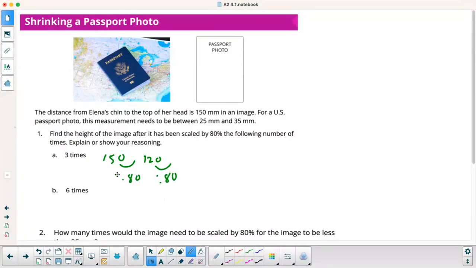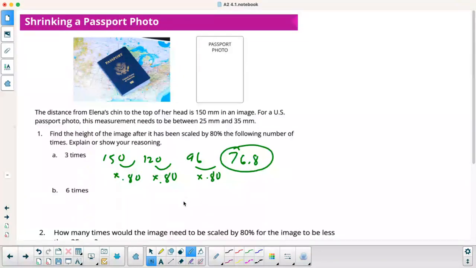Then 120 times 0.8 gives me 96. That's the second scale. Times 0.8 gives me 76.8. So that's the 3 times I scaled it. It's actually the fourth term there.